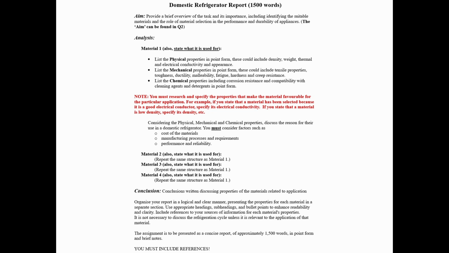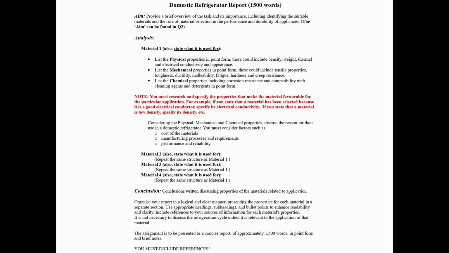In your analysis, I recommend listing the 4 materials, and next to the material, you should state what it is used for. Then you would go on to list the physical, mechanical, and chemical properties. So for the physical properties, in point form, you could include the density, weight, thermal and electrical conductivity and appearance of the material.